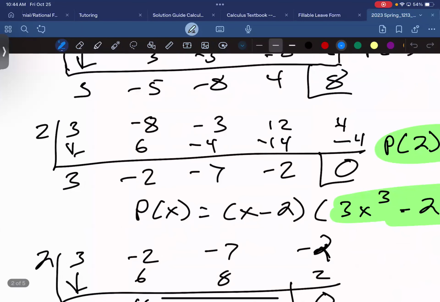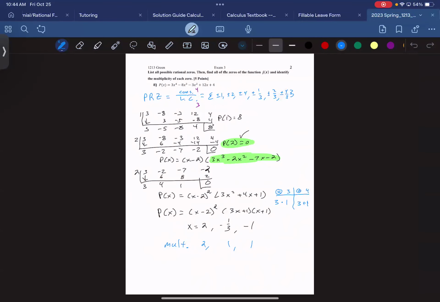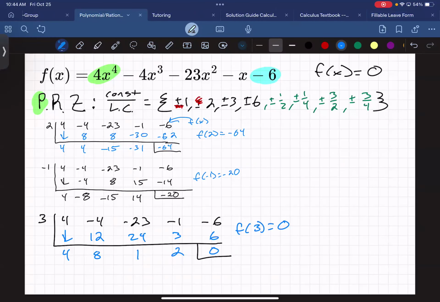What happened when I got to 2? It worked, right? So understand that on the test, I have to keep that in mind. So I'm not going to put probably a problem where it's going to make you go through all that and it's all the fractions. I could make it to where all the fractions are the zeros, right? We definitely can find ways to do that, but understand that with that perspective, for testing purposes, I have to keep that in mind.